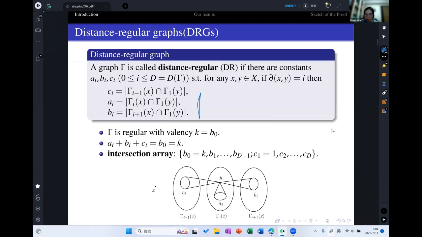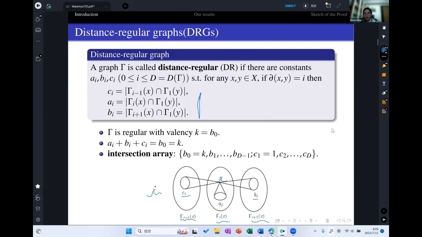Here we have x, y at distance i, and all neighbors of y lie in these three cells: gamma i minus 1 of x, gamma i of x, and gamma i plus 1 of x. And the numbers of neighbors are c_i, a_i, and b_i respectively.